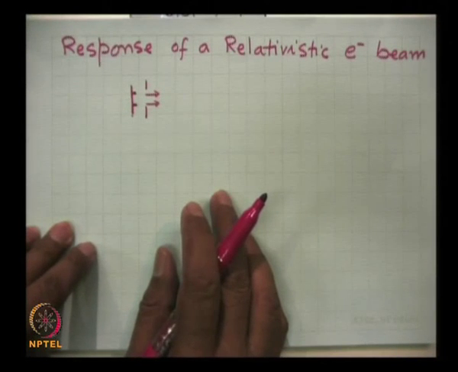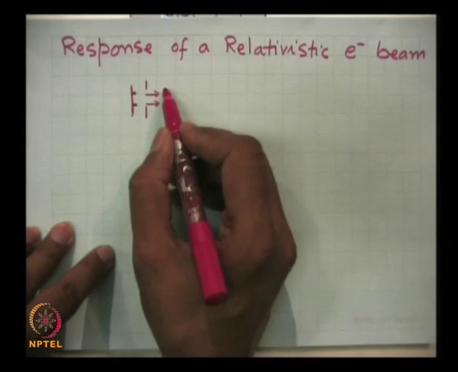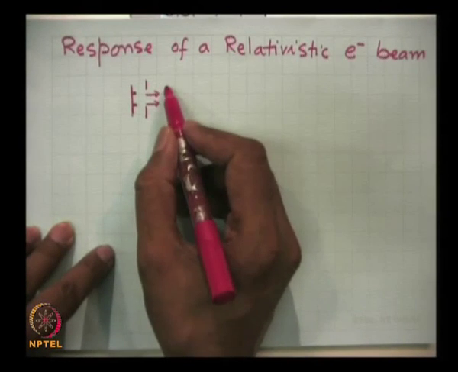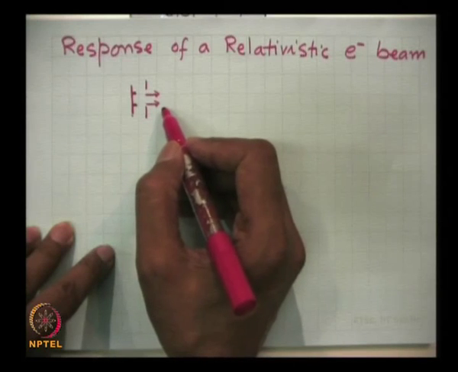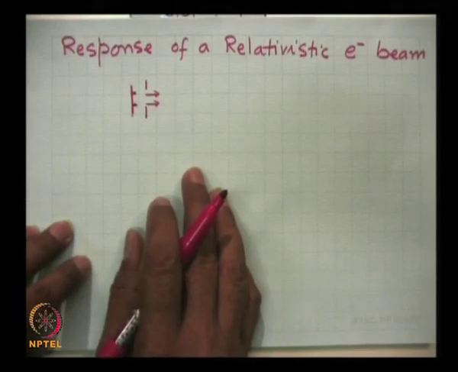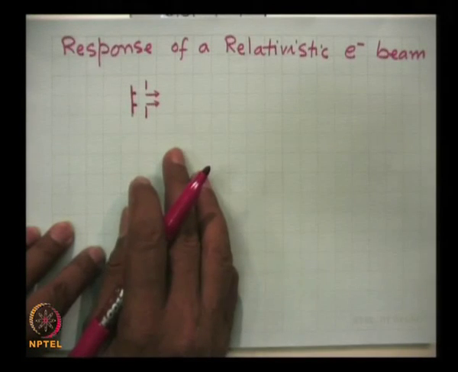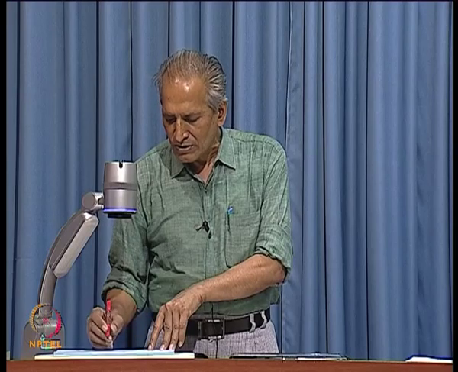There are ways you can produce a solid electron beam also, but the effects of finite size of the beam or of the structure of the beam I will not consider at the moment, though we can easily include those effects. They are called non-local effects. So, today I will just consider an ideal situation.